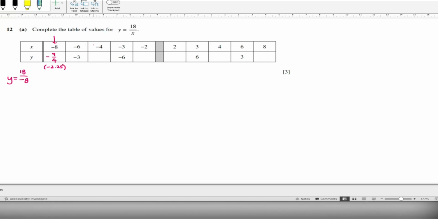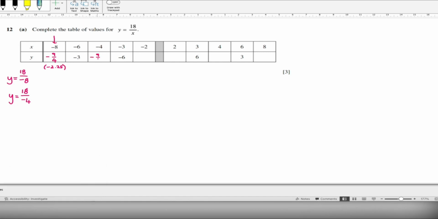All right, now we do exactly the same for -4 and -2 and 2 and 4 and 8. So let's try -4. So I'm going to write y equals 18 divided by -4. What is 18 divided by -4? 18 divided by -4 is equal to -9/2.